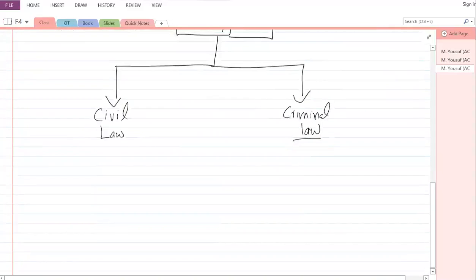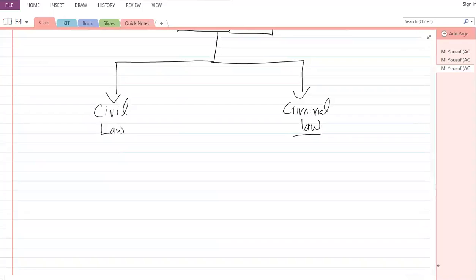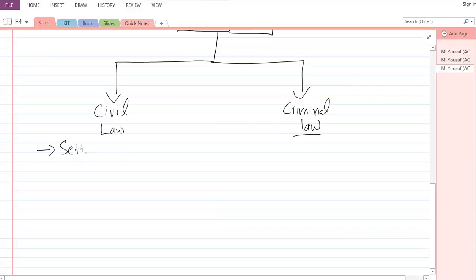So what is the difference between them? The civil law is there to settle the dispute between two parties for compensation.